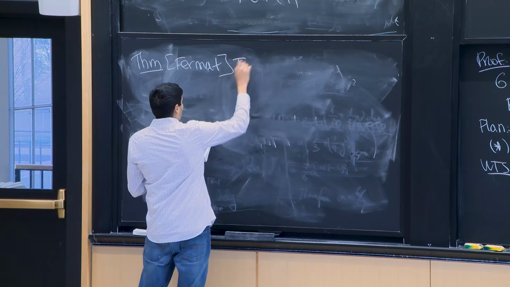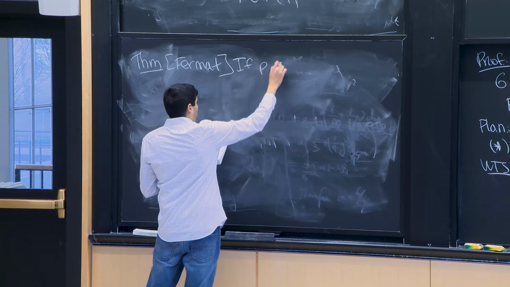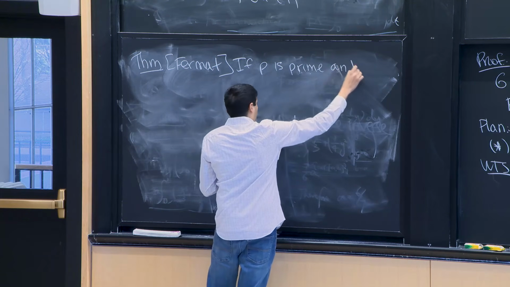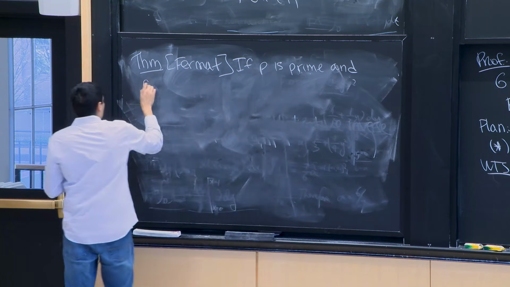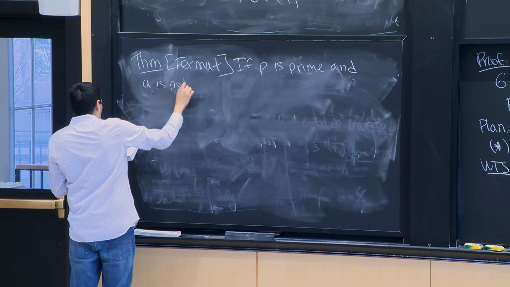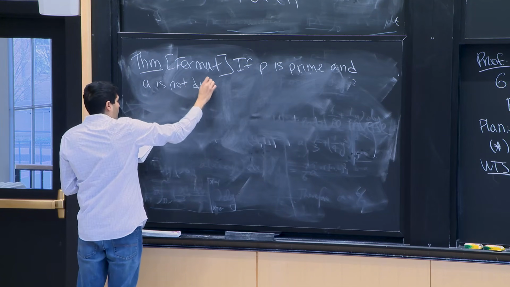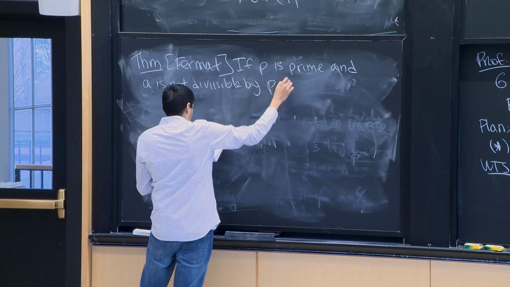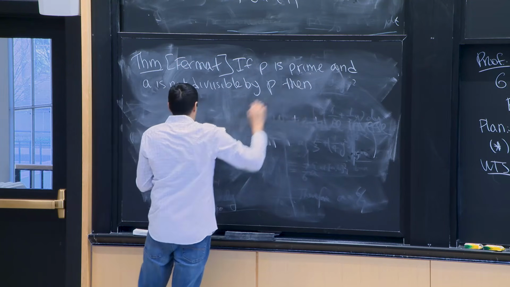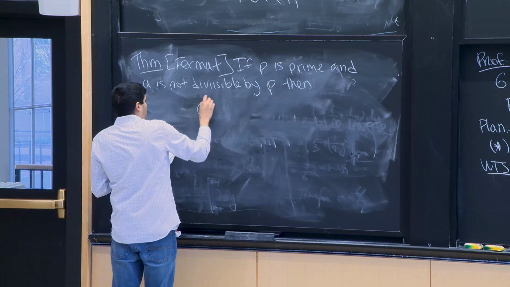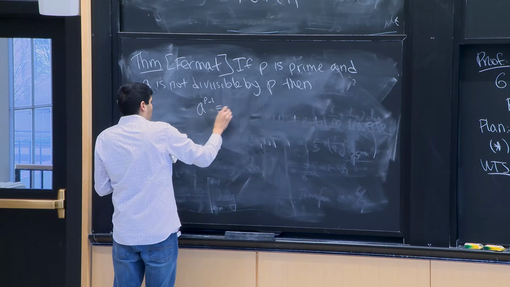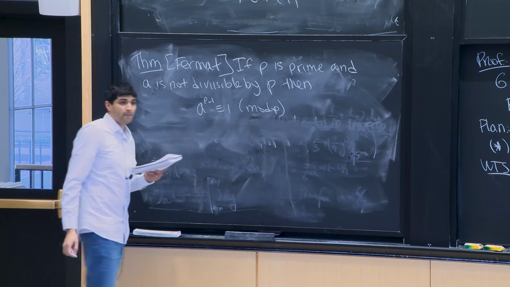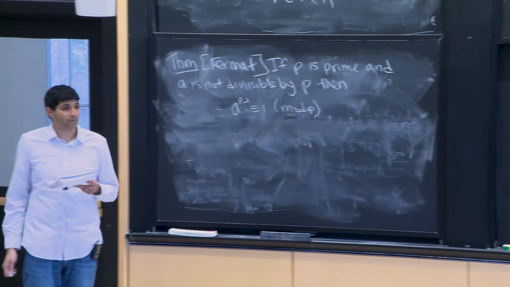So what I claim is that if P is prime and A is not divisible by P, then A to the P minus 1 is congruent to 1 mod P. This is a beautiful identity, right?